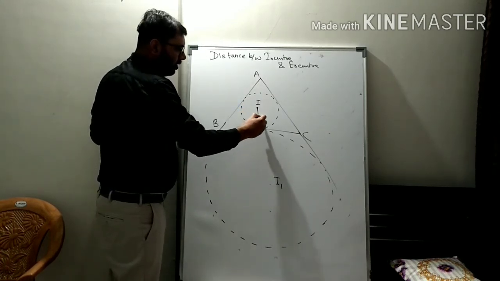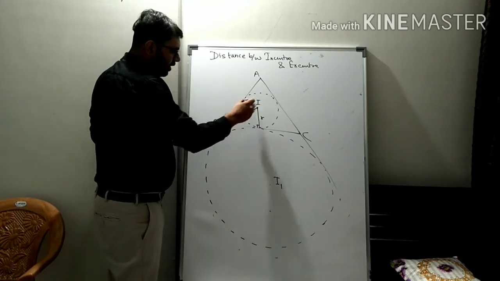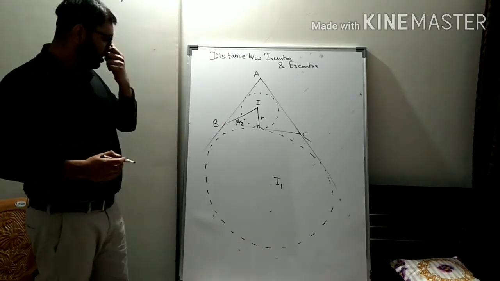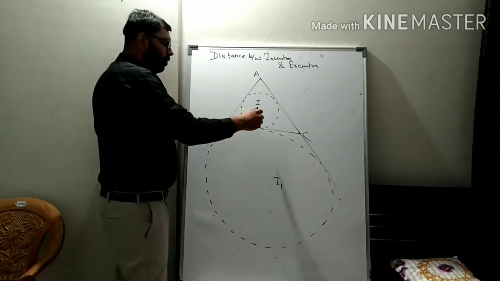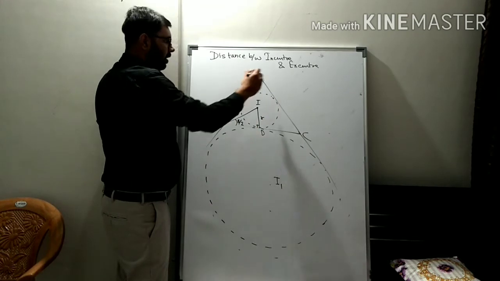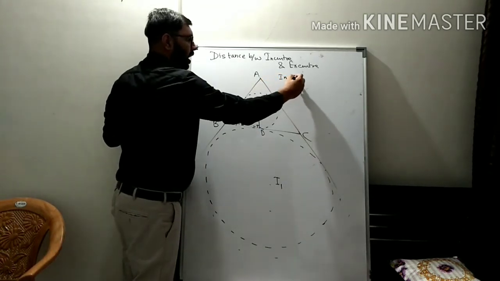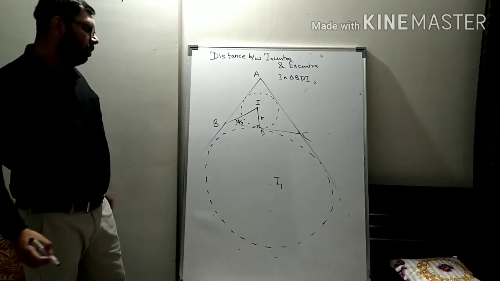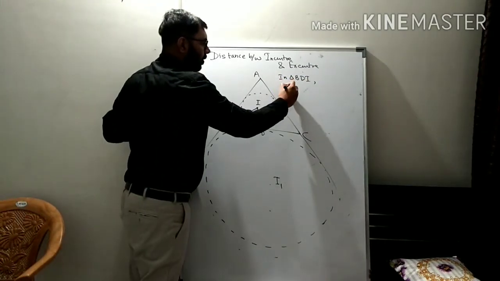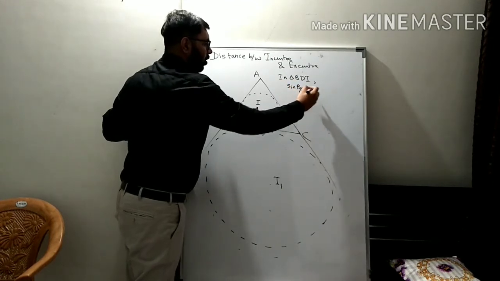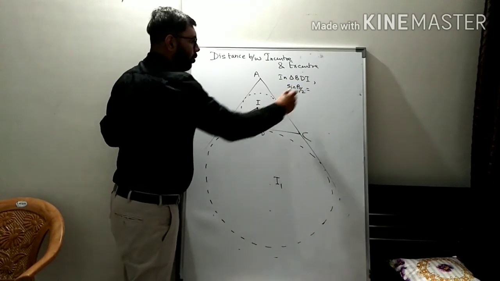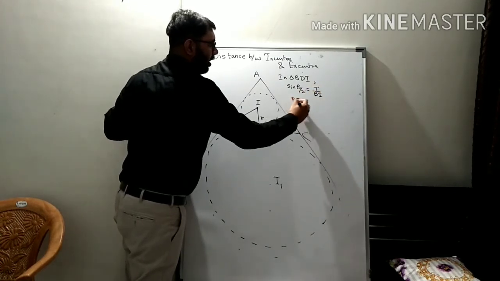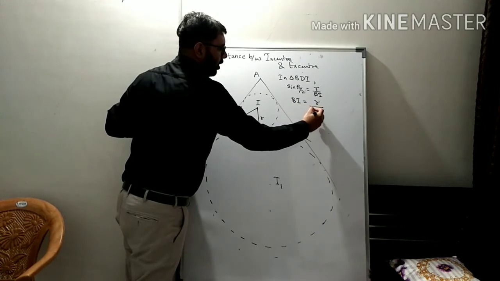If we join, this distance will be r. This is the angle bisector, which means this angle is B by 2, because BI is the angle bisector. Suppose this point is D. In triangle BDI, applying trigonometry, sine of B by 2 is equal to r upon BI, which means BI I can write as r upon sine of B by 2.